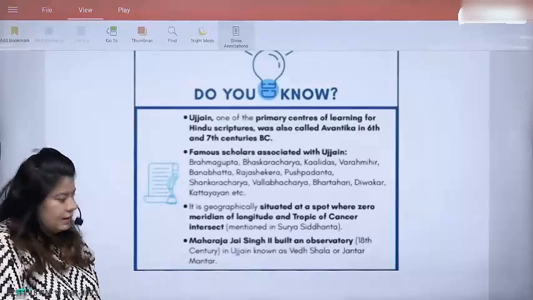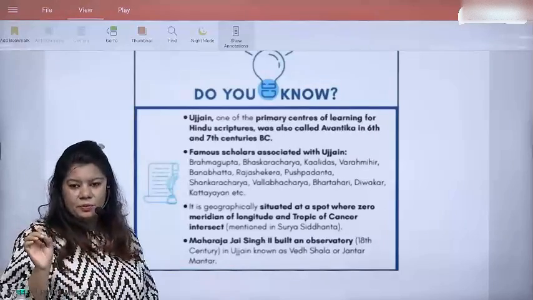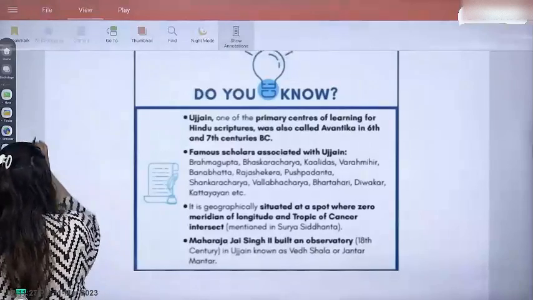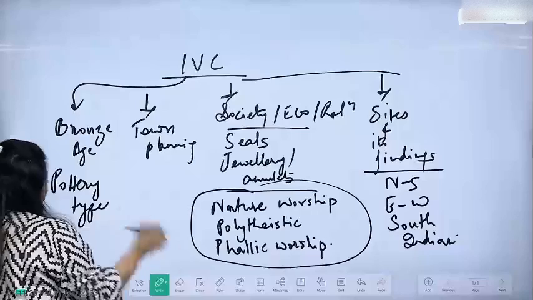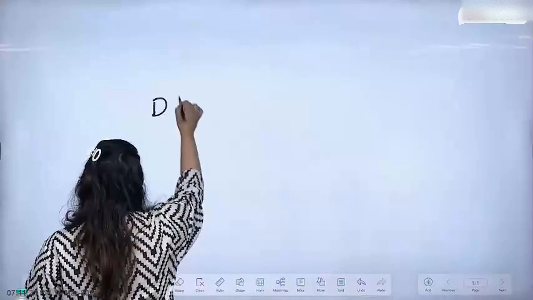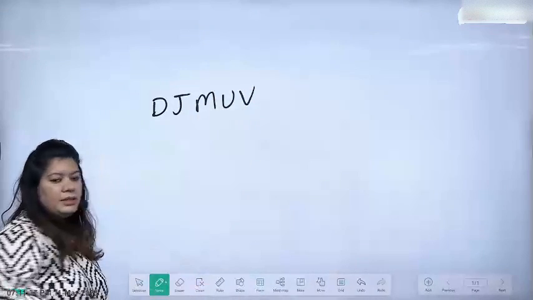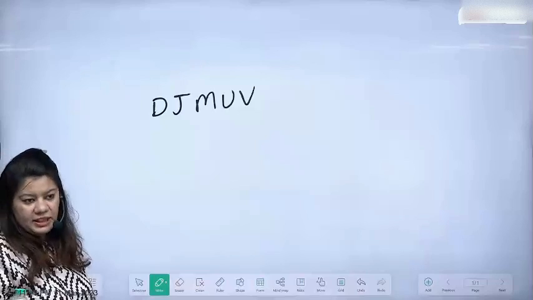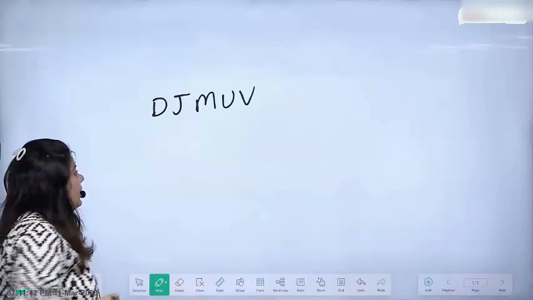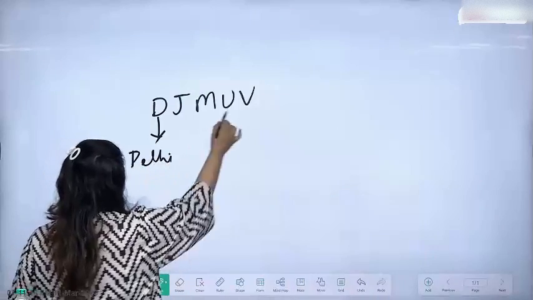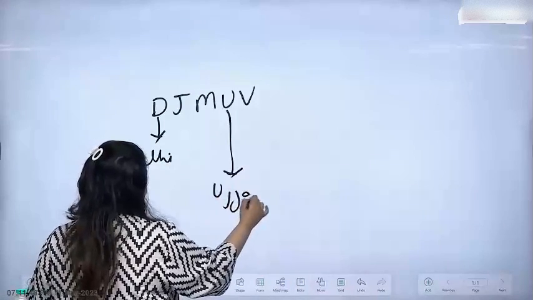At my time, I made an acronym. You can also remember this. It will help you. So these are again tools which can help you to remember certain facts. DJ move. One observatory, Delhi. This is Ujjain.